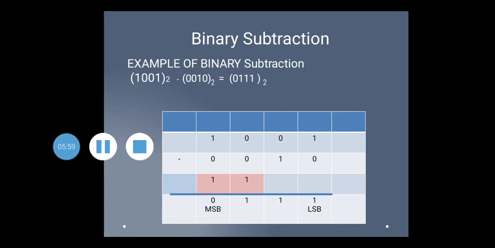You will be able to understand this. Check out here. First we will start with the rightmost bits, that is 1 and 0. The upper one is 1 and the lower is 0. So 1 minus 0, you get the difference as 1, which is written down, and here it is written LSB.